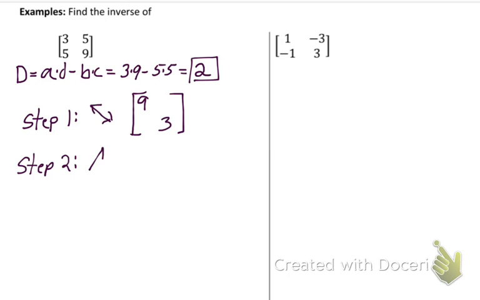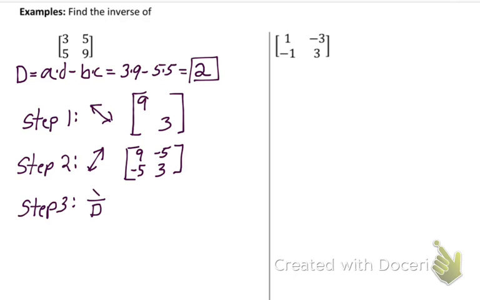So that means we're going to do the opposites of those directions. So we still have that 9, we got that 3, we're going to do negative 5 and negative 5. All right, so I just switched the signs. So these switch places, these switch signs. Our last step is just divide everything by D. So step 3 is just put everything over that D.